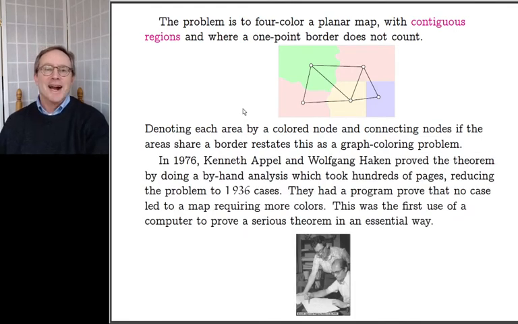1976, the year I graduated high school. A long time ago. In 1976, Appel and Haken proved the theorem. They did a by-hand analysis, which took hundreds of pages, and they reduced the problem to 1,936 separate cases. And then they wrote a program to go through those 1,936 cases.